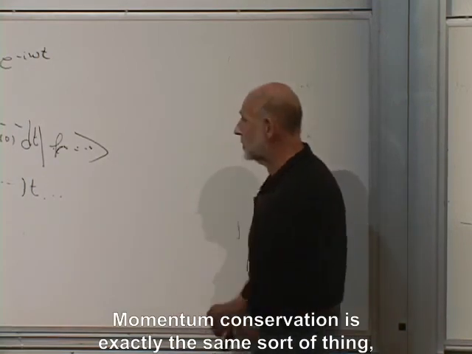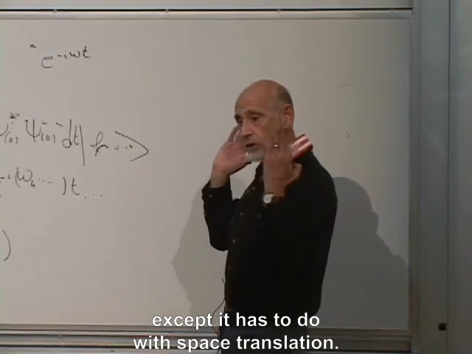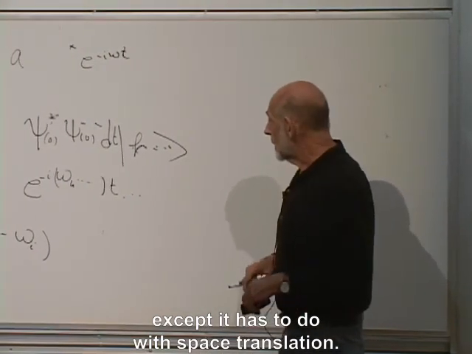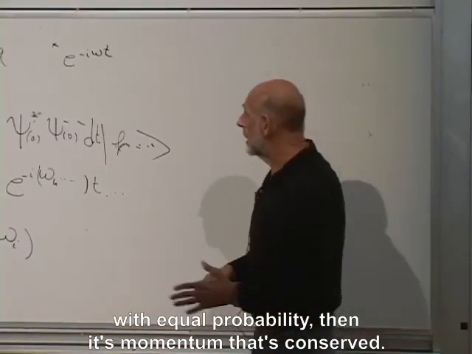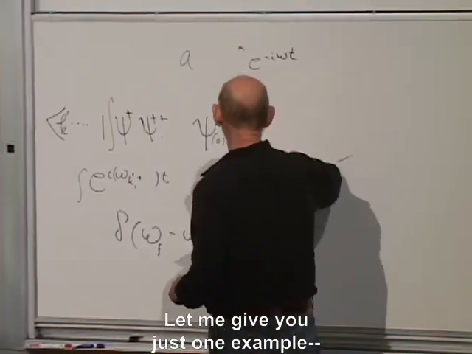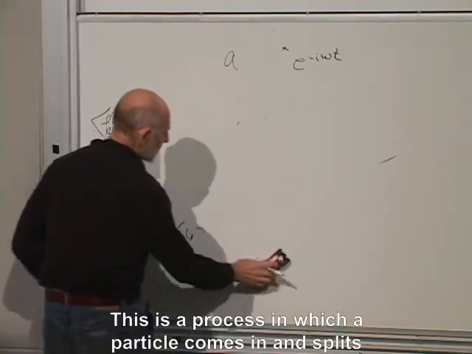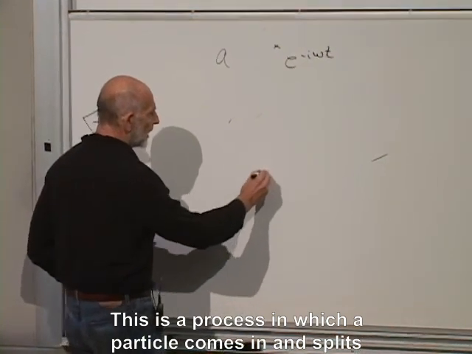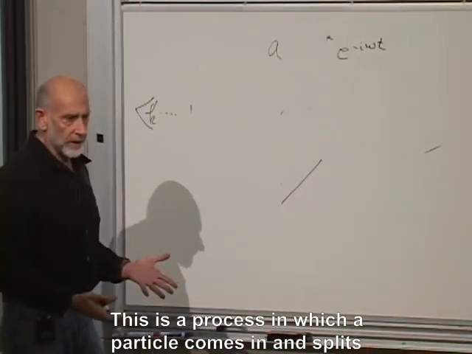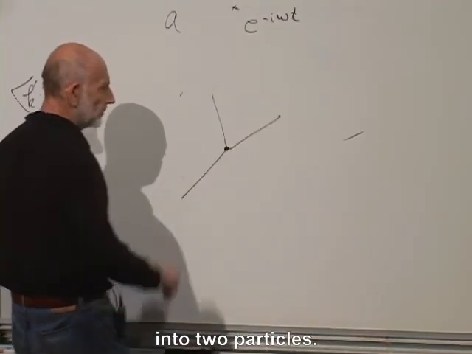Momentum conservation is exactly the same sort of thing, except it has to do with space translation. If a process can happen at any point of space with equal probability, then it's momentum that's conserved. Let me give you just one very simple example. This is a process in which a particle comes in and splits into two particles.